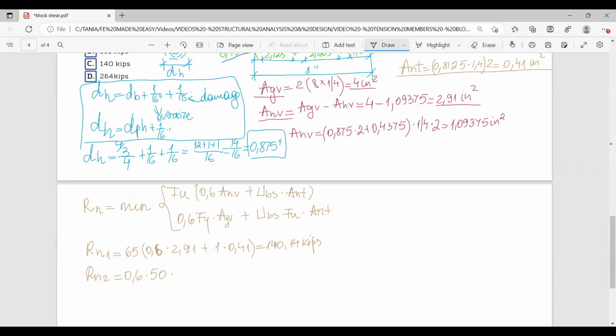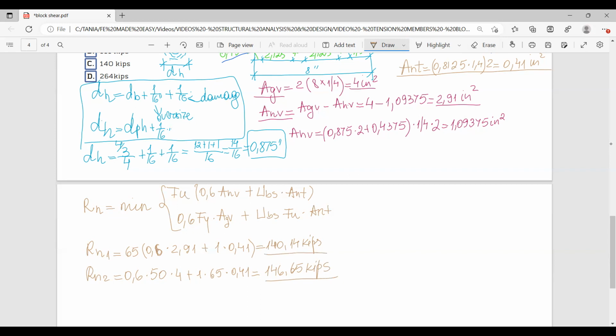And gross area for shear is 4 inches squared plus UBS, which is 1, multiplied by Fu, which is 65, and multiplied by Ant, which is net area for tension. And if you go ahead and calculate all that, you should get that Rn2 is equal to 146.65 kips.